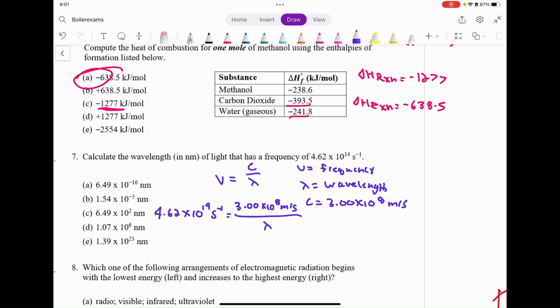Divide over your frequency, multiply over wavelength. If I rearrange this, that would look like this. That would look like that.